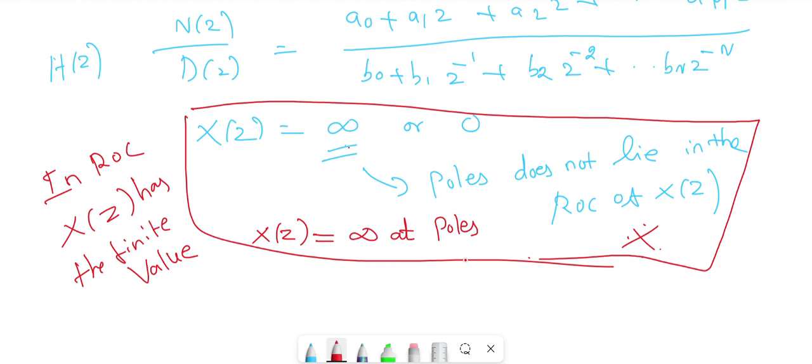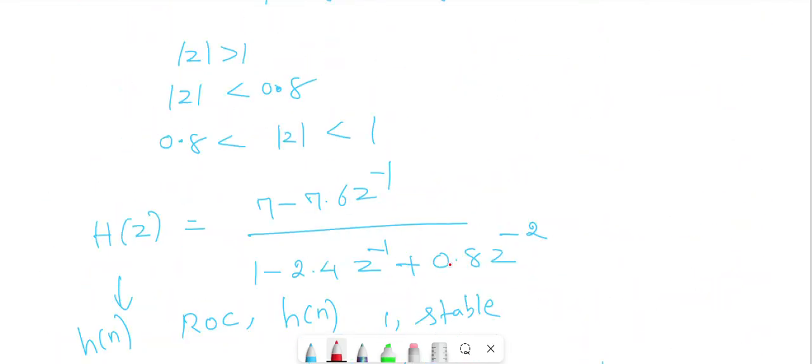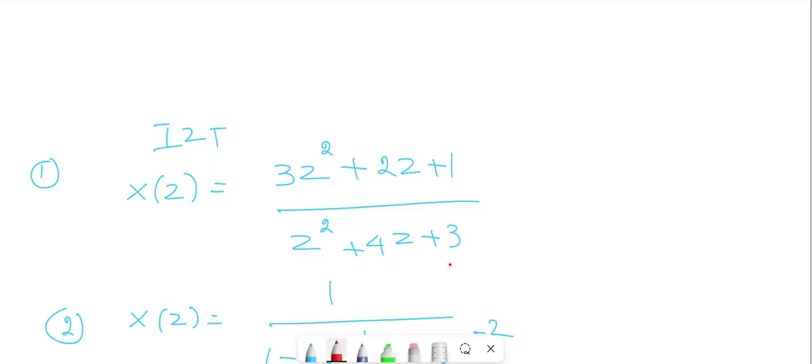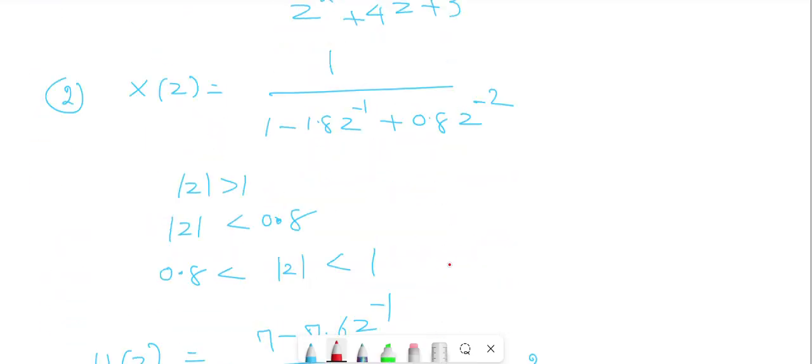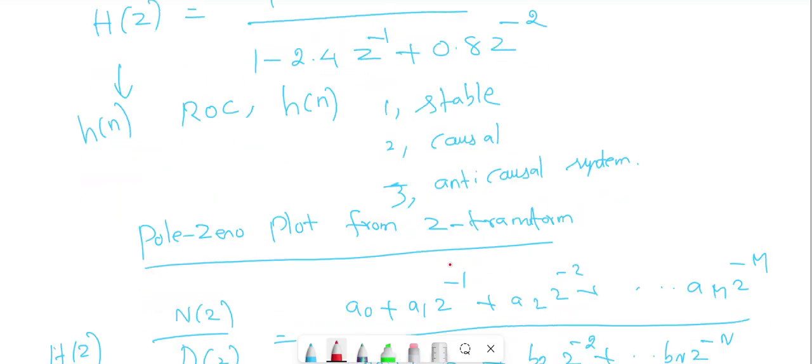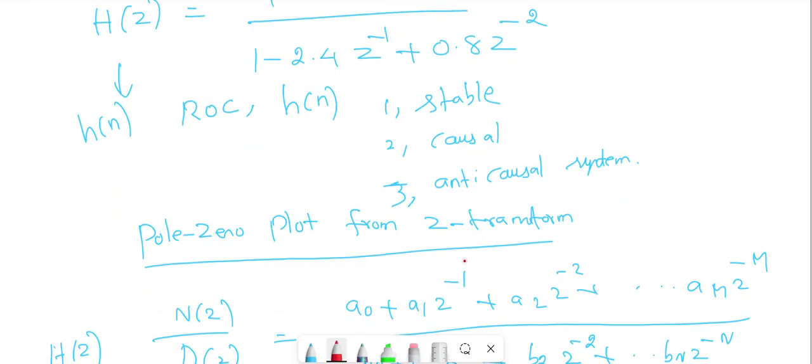We will solve these three example problems one by one. I think in this session we can complete the concepts, and in the next session we will solve problems for inverse Z transform.